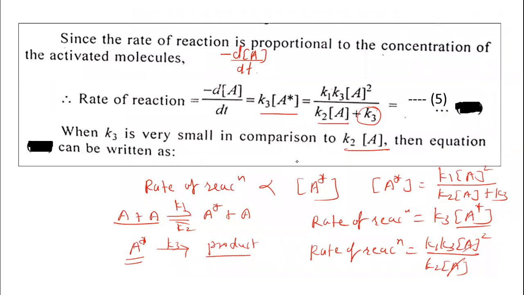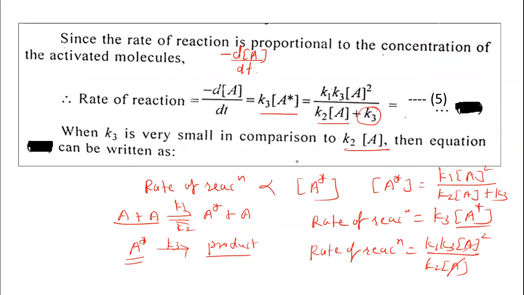That equation 4 can be placed into the derivation here. The rate of reaction is directly proportional to the activated molecules, so we can put the concentration of A star here, and we obtain equation 5. Thus, two conditions are applicable.